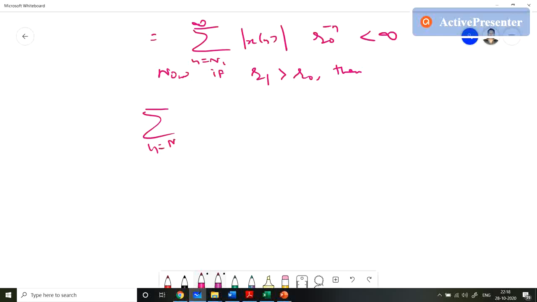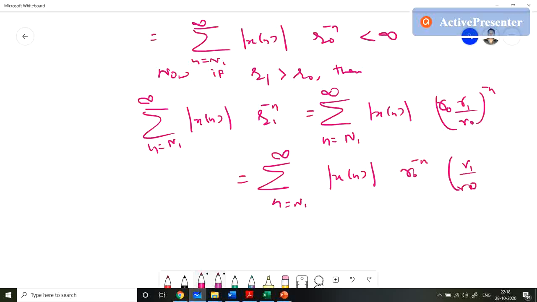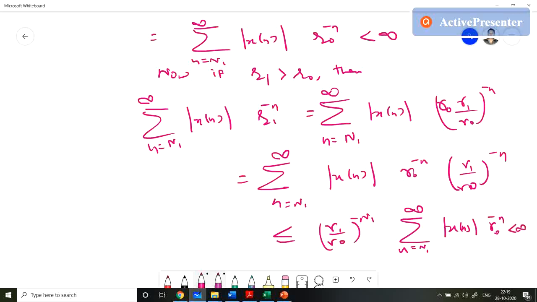The summation from n equals n1 to infinity of modulus of x[n] r1 raised to the power minus n is equal to the summation of modulus of x[n] r0 raised to the power minus n times r1 divided by r0 raised to the power minus n, which is r1 divided by r0 raised to the power minus n1 times the summation of modulus of x[n] r0 raised to the power minus n, less than infinity.